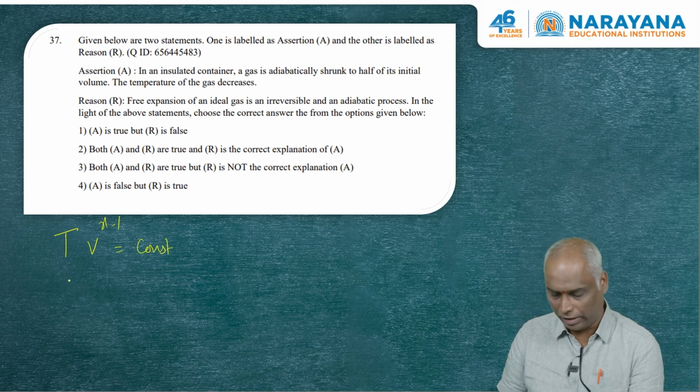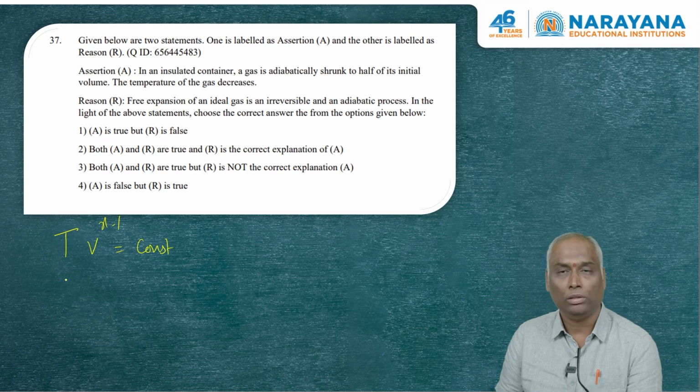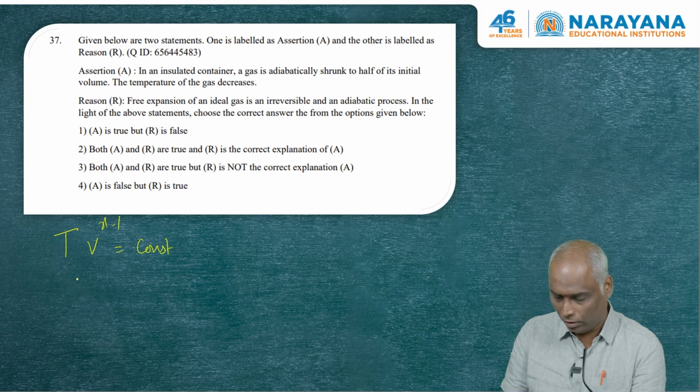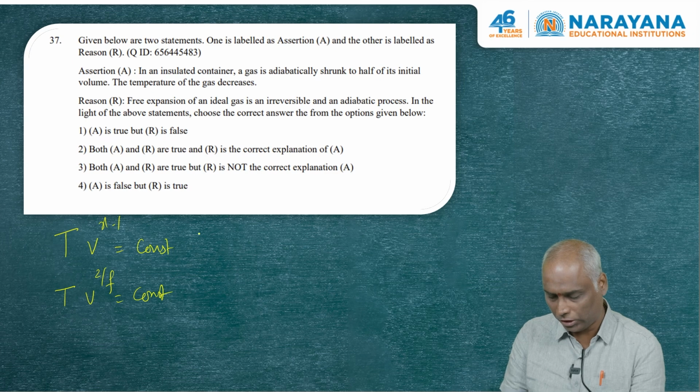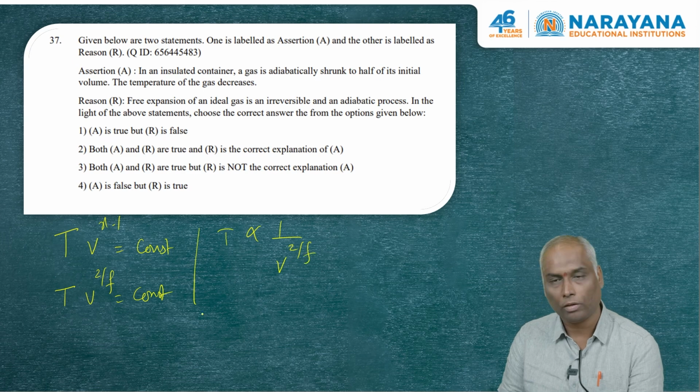To have a simple idea about this, gamma minus 1 can also be written as 2 by f, because gamma equals 1 plus 2 by f. So from this equation I can write T into V to the power of 2 by f should be constant. f is the number of degrees of freedom, which is a positive number. So from this equation we understand that T is inversely proportional to V to the power of 2 divided by f.